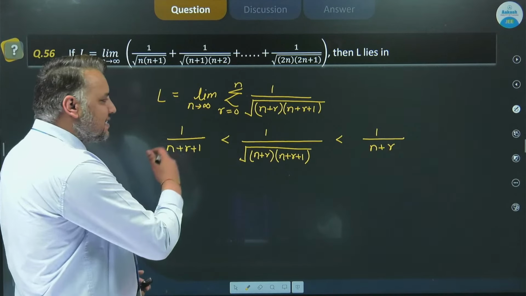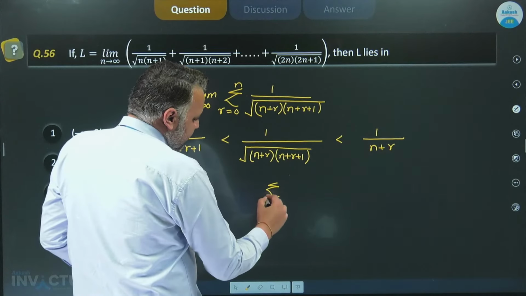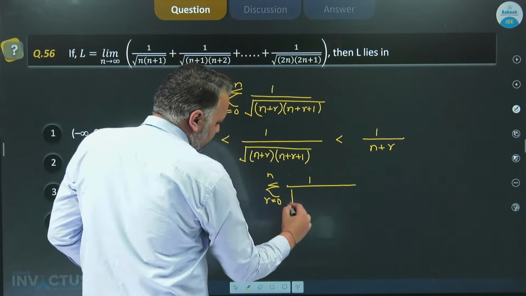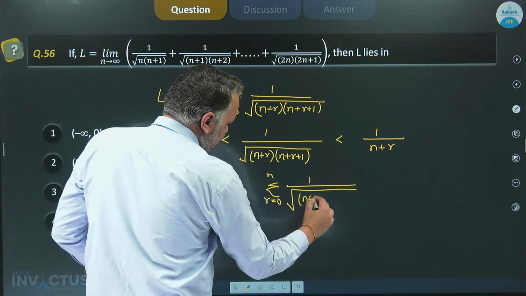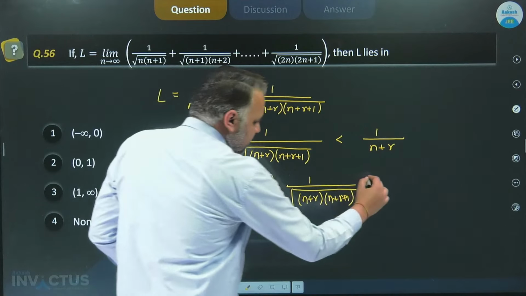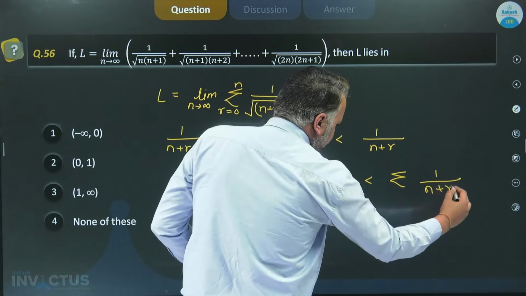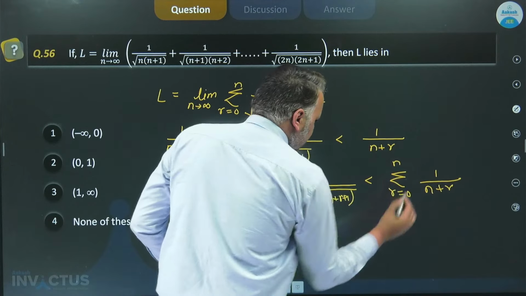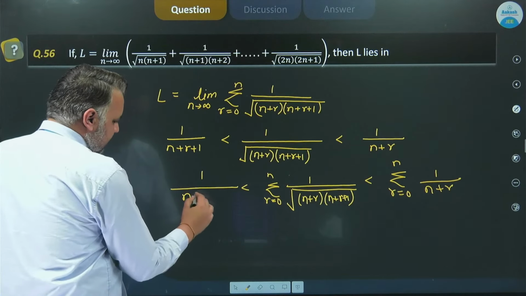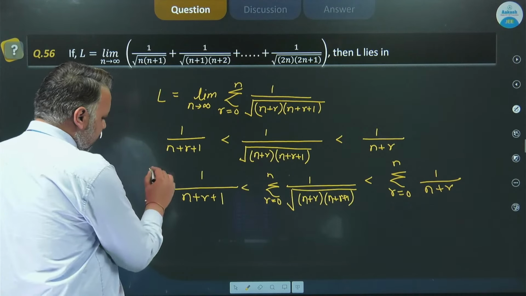Now applying summation on this complete expression, you can say that summation r is equal to 0 to n of 1 upon root of n plus r into n plus r plus 1 will be smaller than summation of 1 upon n plus r, r equal to 0 to n, and will be greater than summation of 1 upon n plus r plus 1, r equal to 0 to n.